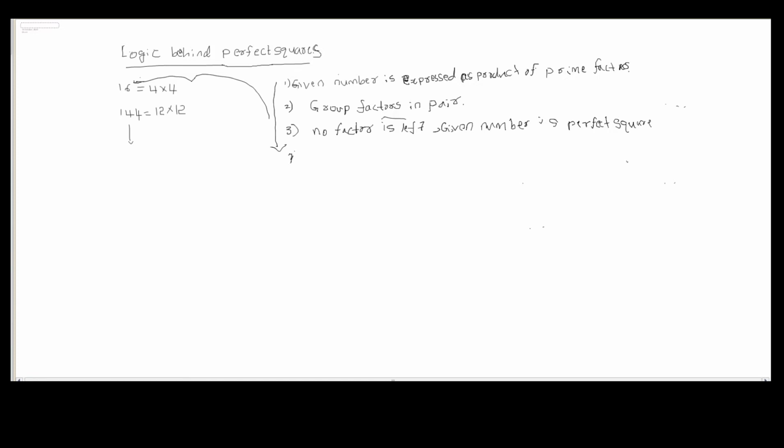Then we take one factor from each group and multiply to get the number whose square is the given number.